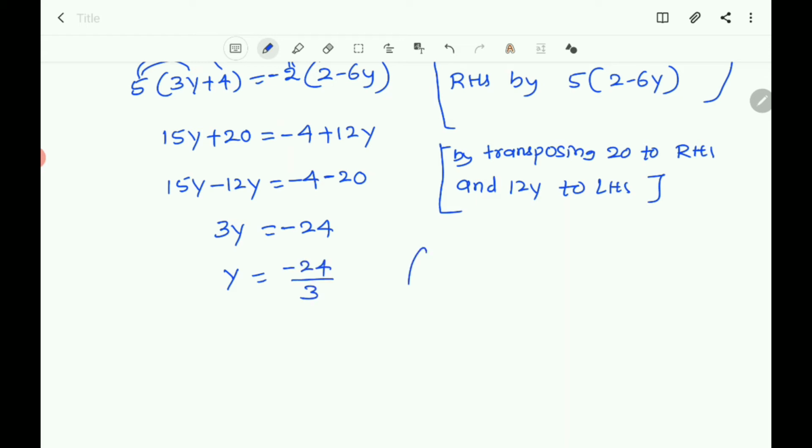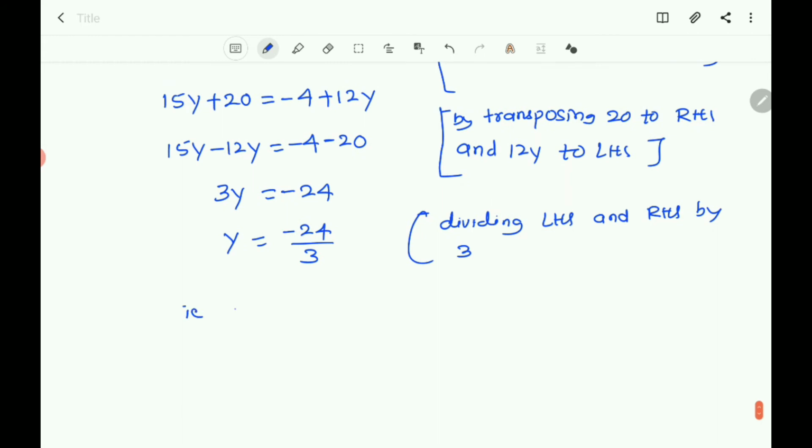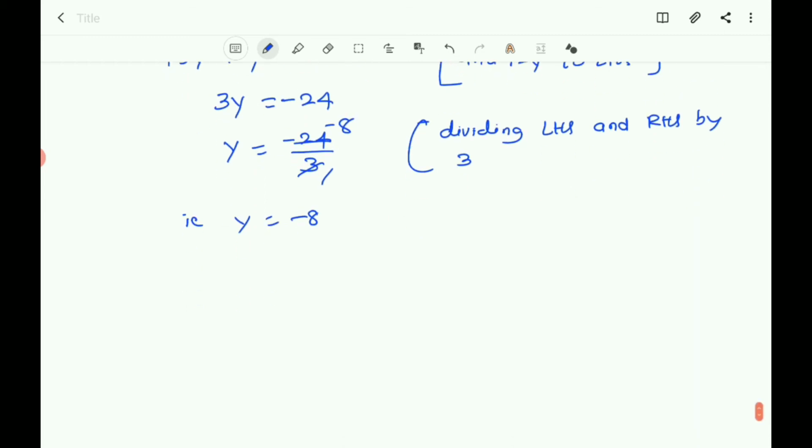So what you have done here, by dividing LHS and RHS by 3, then y is equal to, 3 eights are 24, minus 8. y is equal to minus 8. That is the answer here. Next let us take the fifth one.